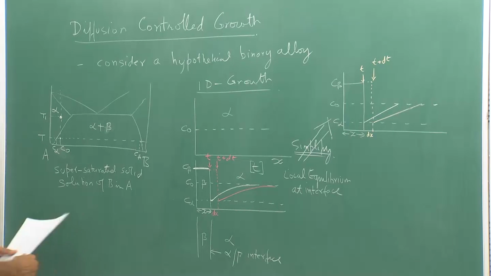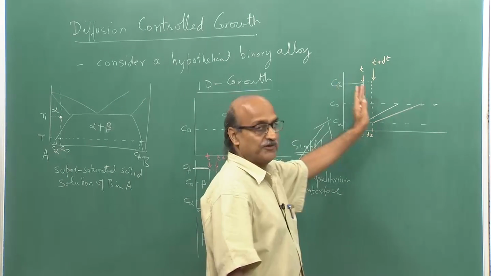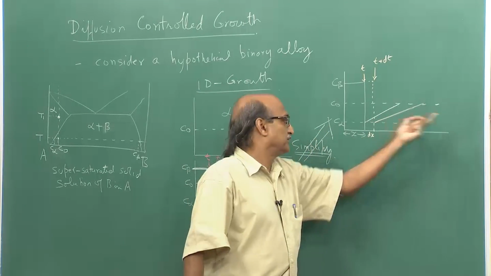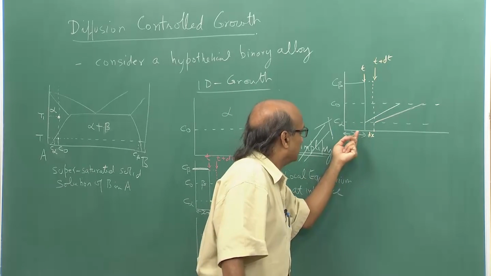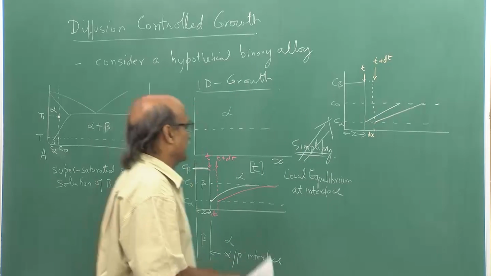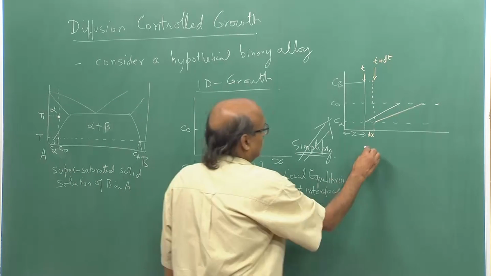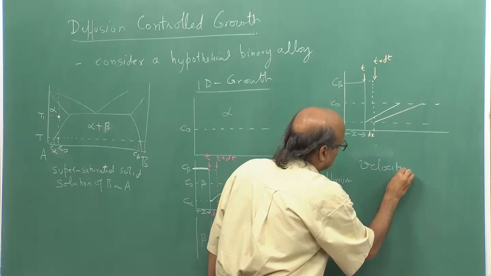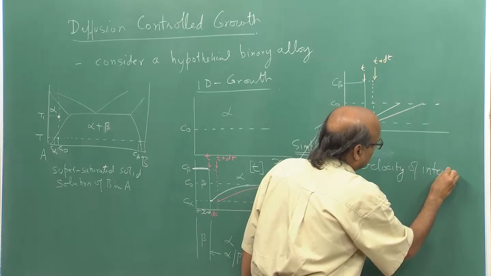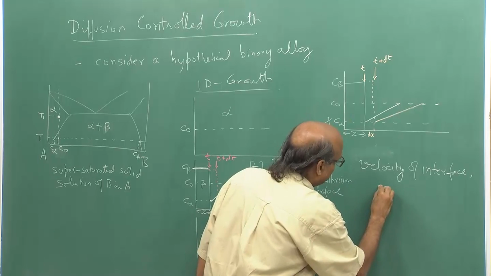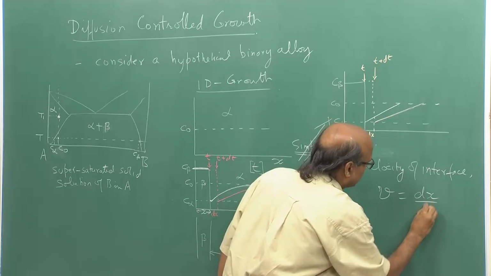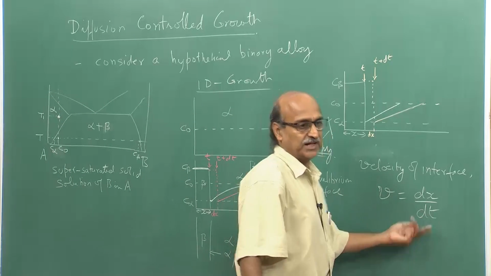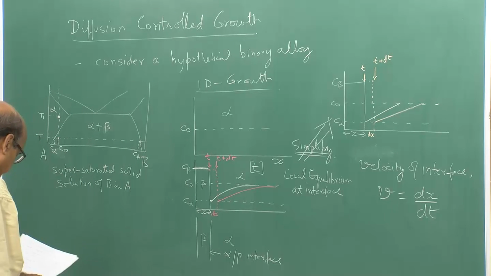Our objective is to find out the velocity with which this interface will move and how the distance of the interface changes as a function of time. So, the velocity of the interface v is simply dx by dt. Our objective here is to find this, and that would give us the growth kinetics.